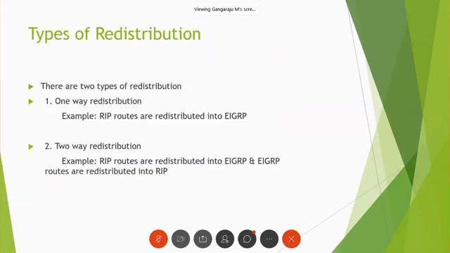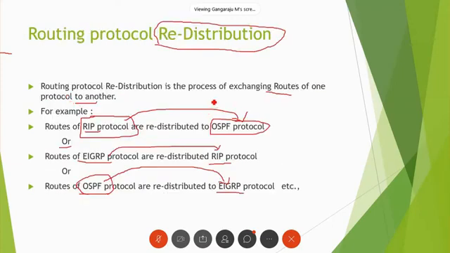These examples that we have just seen are all called one-way redistribution. You are sending routes of one protocol into another, so one way only, one-way traffic. It means we have converted Indian rupees to US dollars, one way.